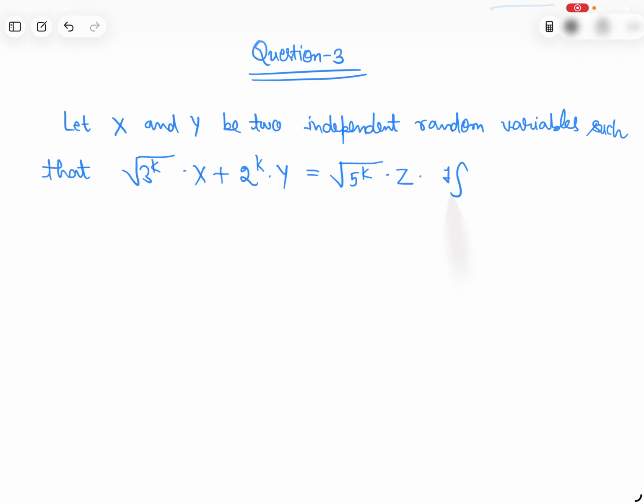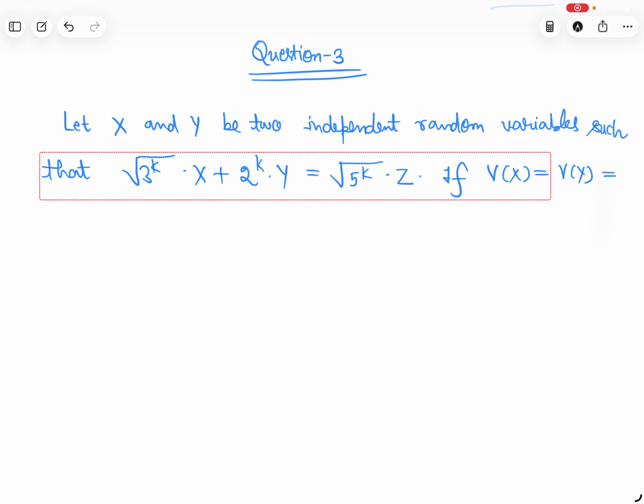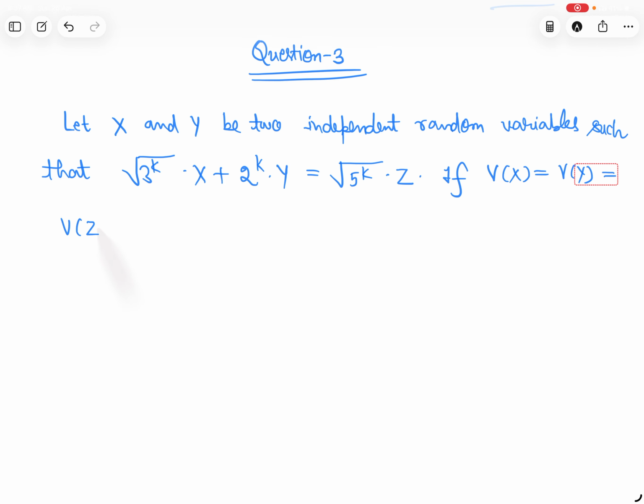If variance of x, y, and z is equal to 1, then find the value of k.